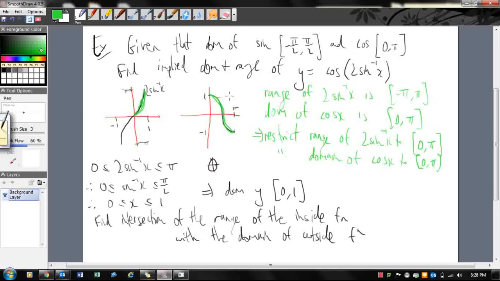Okay, so looking at this, if our x values are defined from 0 to 1, what will our other values be? So looking at our outside function, we've got the domain, so x goes from 0 to 1. What will the range of y be?